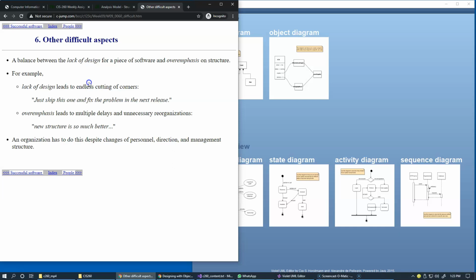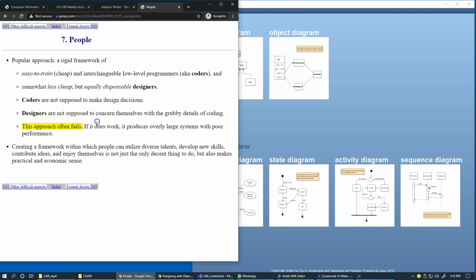This leads to an unnecessary stretch of unwanted modifications, which is purely unproductive and sometimes creates unpleasant drama in a process that should be straightforward and streamlined. So an organization has to do this despite changes of personnel, direction and management structure. I mean, finding the right balance of all of these design activities.